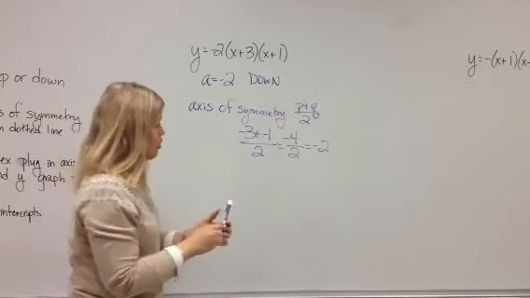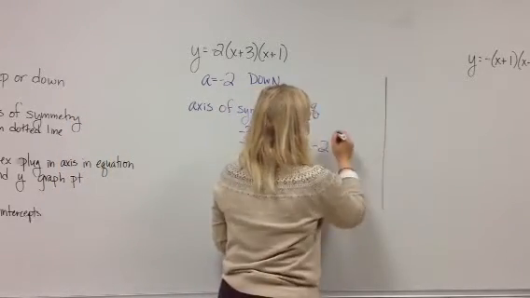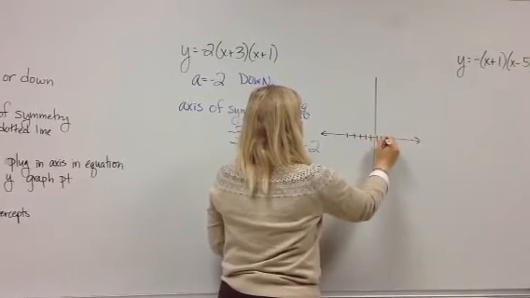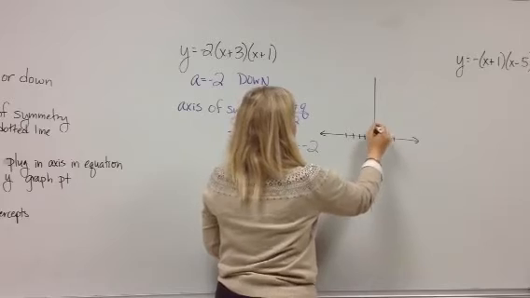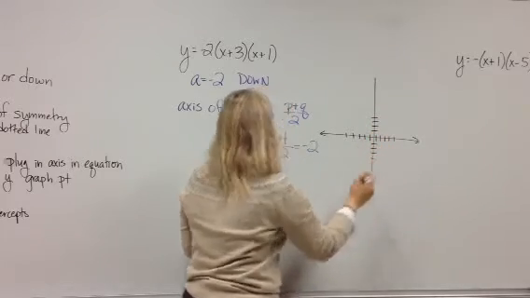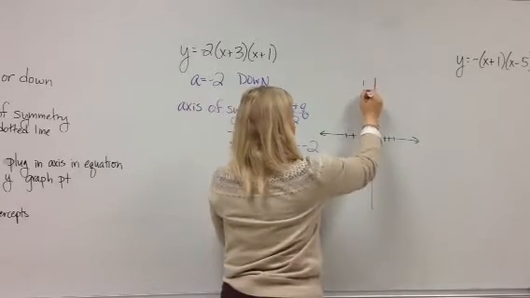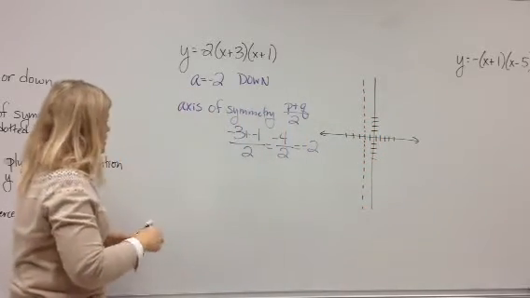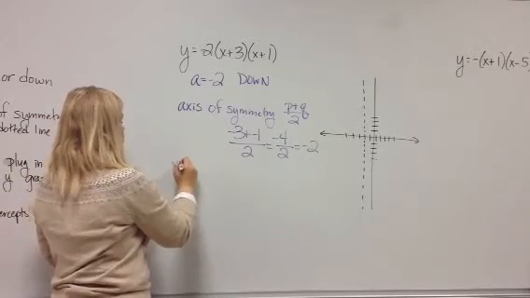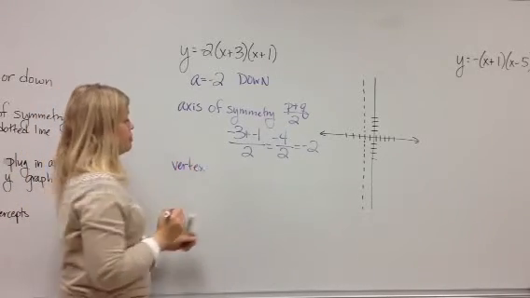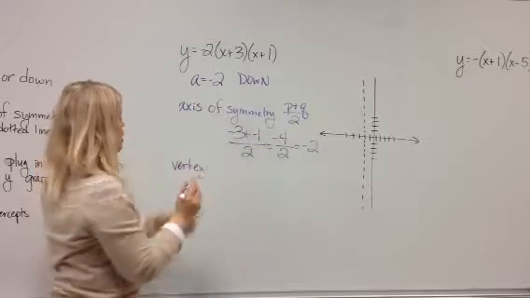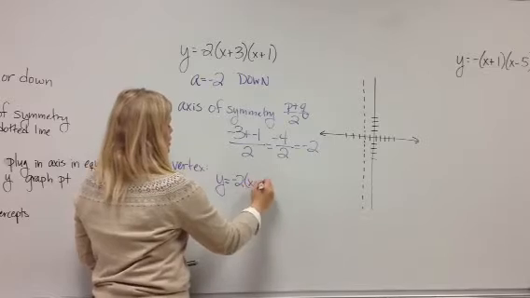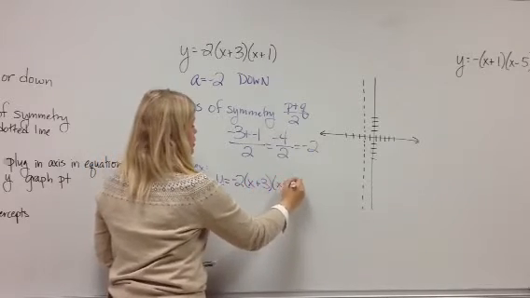Once again, we can go over to our graph and draw it out. We will do a couple units each way, and we know we should put a dotted line at negative 2. Now, the next thing that we almost always look for is our vertex. This time we're going to plug into our equation. So we write down y equals negative 2 times x plus 3 times x plus 1.